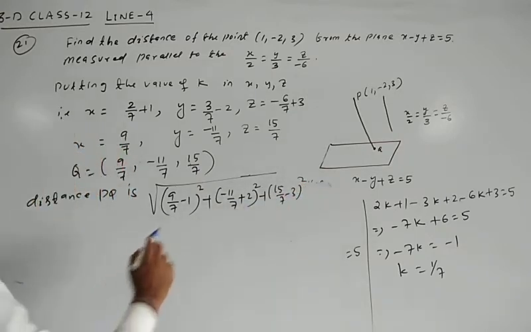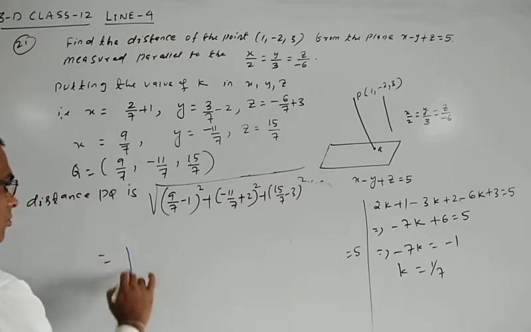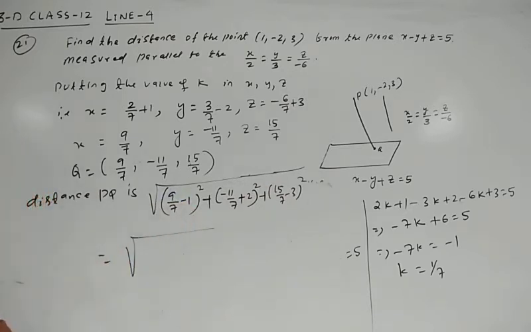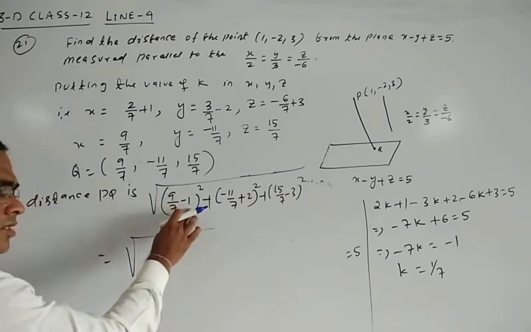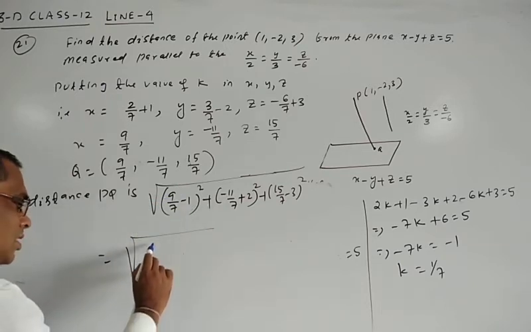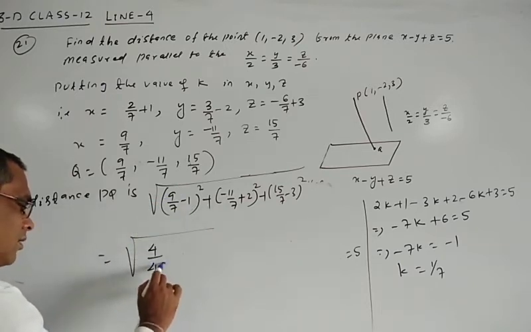So this is equal to (9 minus 7 by 7) the square. 9 minus 7 means this is 2 by 7, so 2 by 7 squared is equal to 4 by 49.